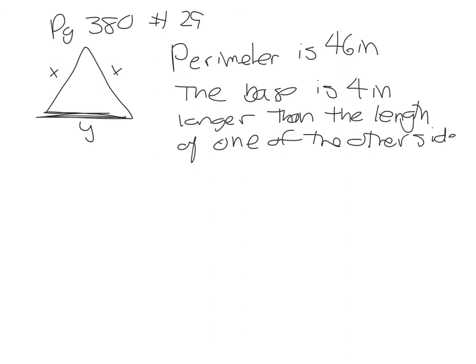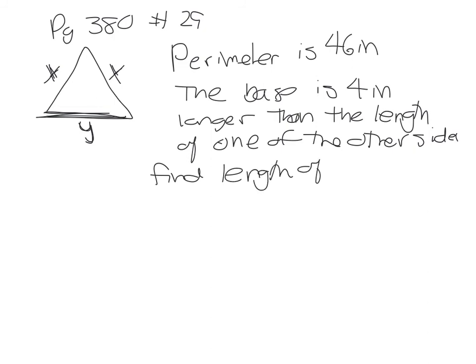So it's saying that this one, the y, is 4 inches longer than the other sides, and the other 2 sides are the same because they're both marked x. And it wants us to use systems of equations to find the length of each side.